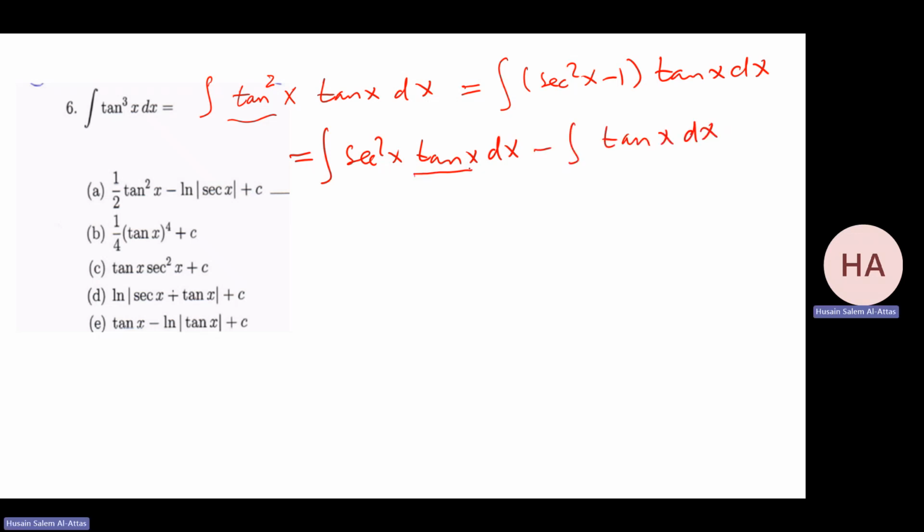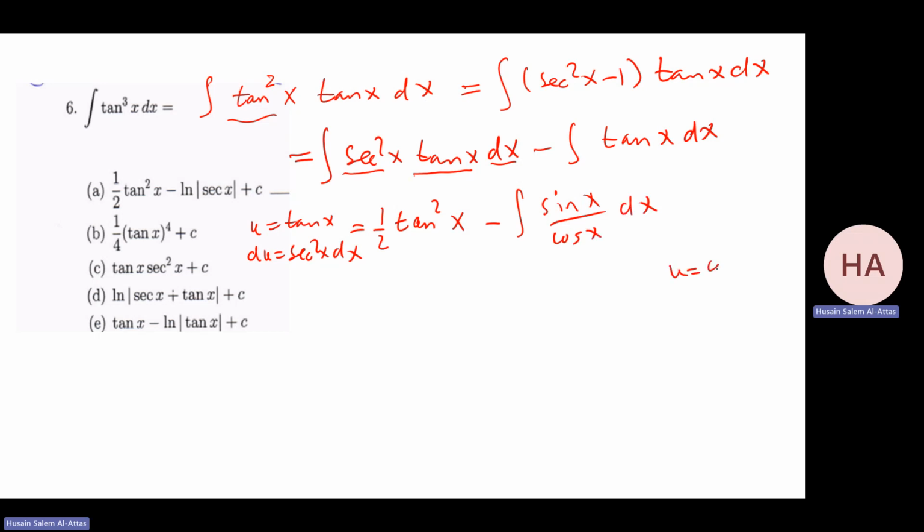Now, if I have tan as u, this will be du. So here I have u equal tan x, du will be secant square x dx. So I have integral of u, which is u squared over 2. So that will be half tan square x minus. This is tan, which is sine over cosine. Let me do it: sine x over cosine x dx.